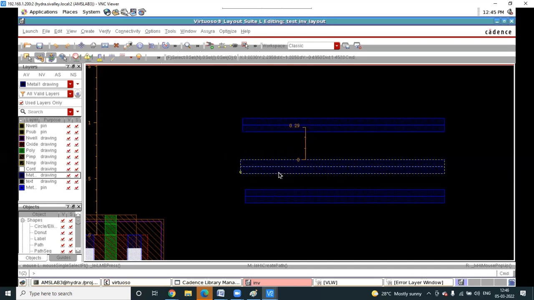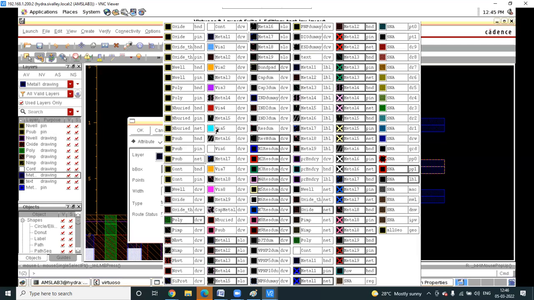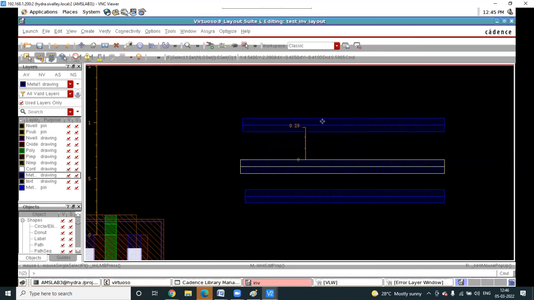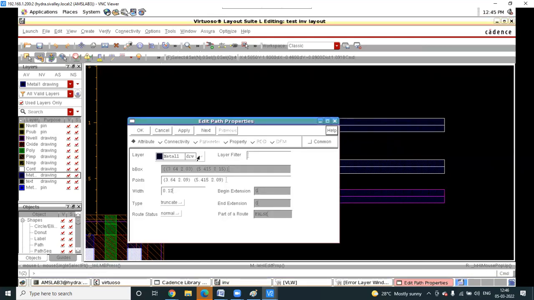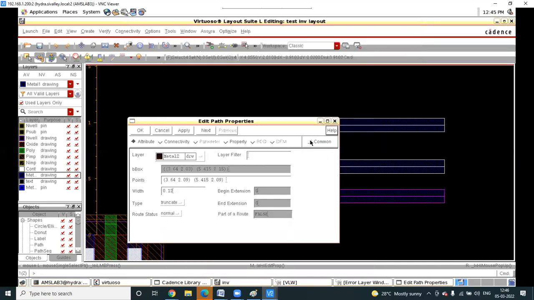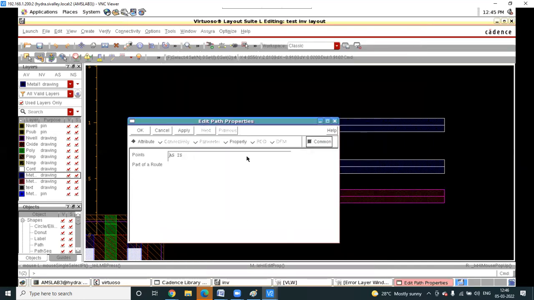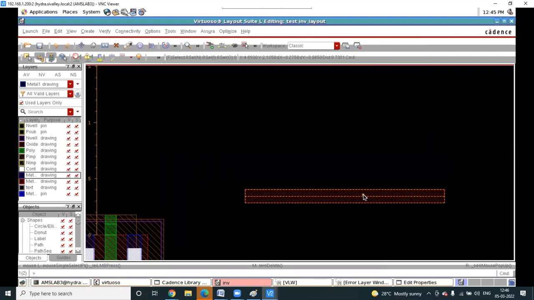Next point is coaxial. Let us assume here M2 metal, which you want to shield.